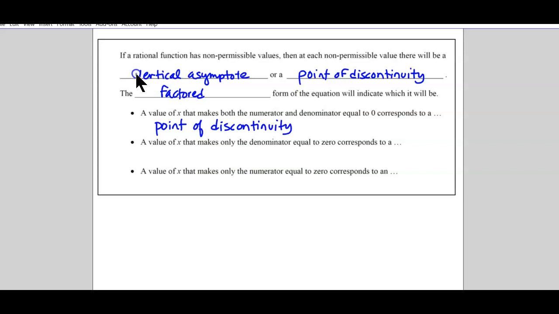The value of x that makes only the denominator 0, so that's the non-permissible value, right? That corresponds to a vertical asymptote. And the value of x that makes only the numerator equal to 0 corresponds to an x-intercept.